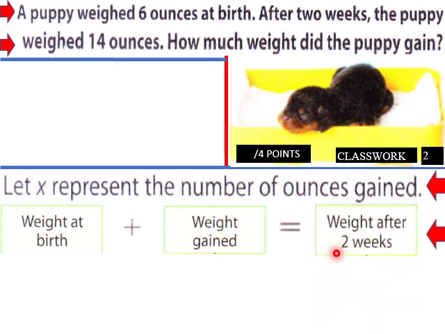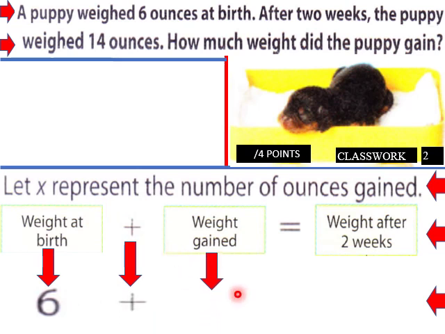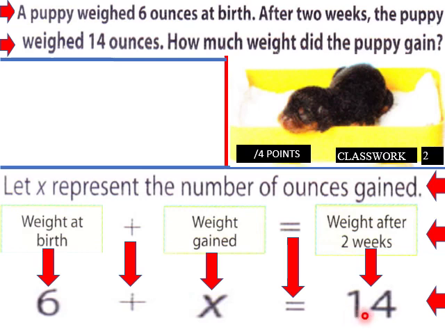And then that will equal weight after 2 weeks. After 2 weeks, weighed 14 ounces. So here's our verbal model here. We have 6 ounces at birth, plus weight gained, we don't know yet. That's our x. And then that will equal, after 2 weeks, 14 ounces.